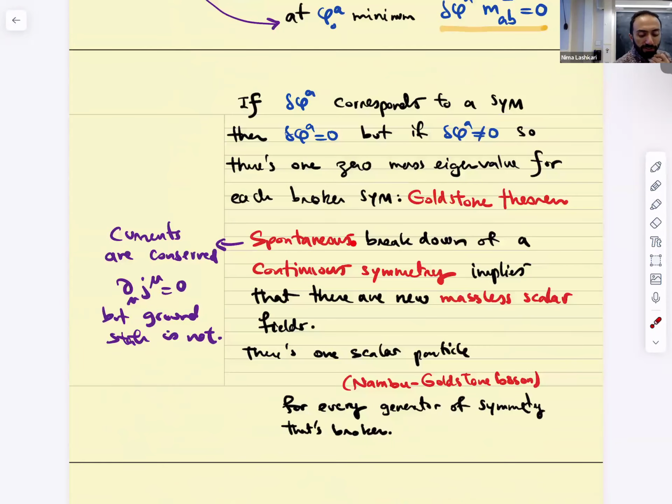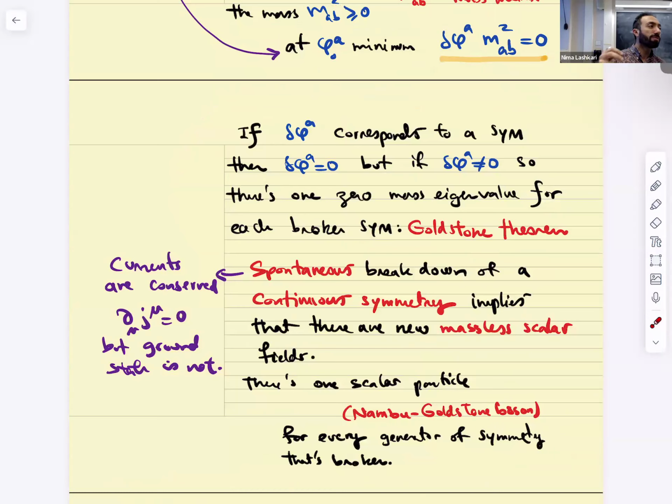Spontaneous symmetry breaking always gives you massless scalar fields, and we call them Nambu-Goldstone bosons, one for every broken symmetry. That n-1 counting was coming from counting the number of continuous symmetries that were broken going from O(n) down to O(n-1). Hopefully you remember how to count that.